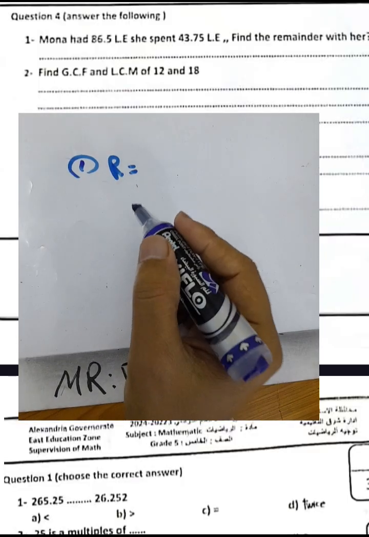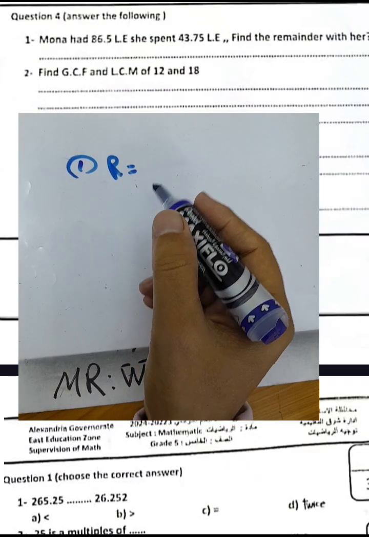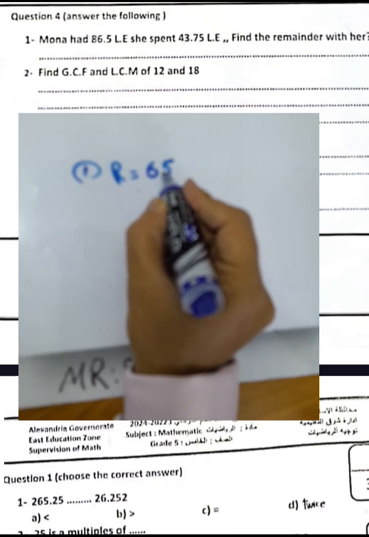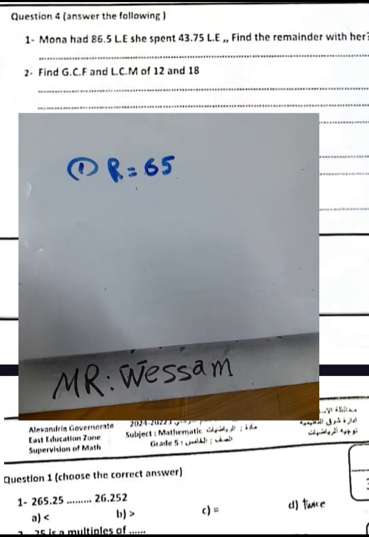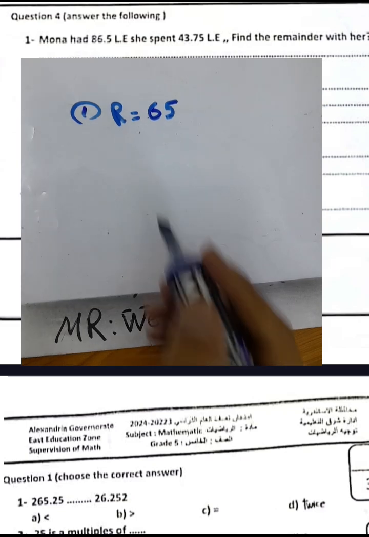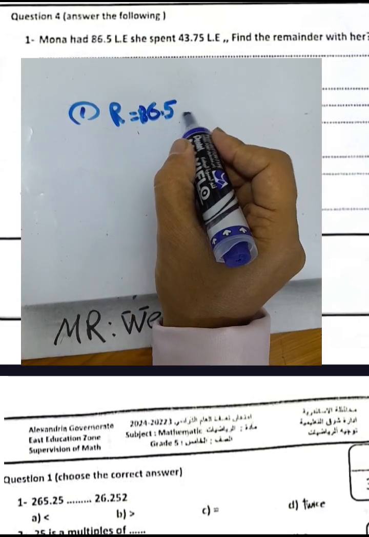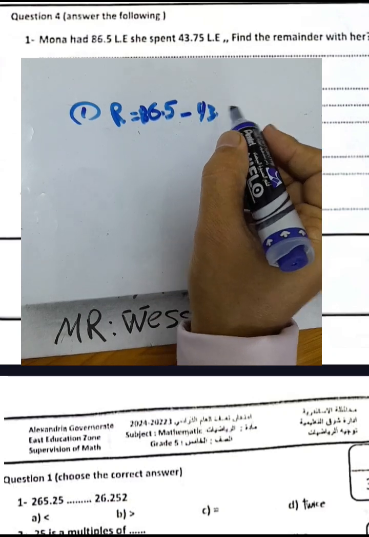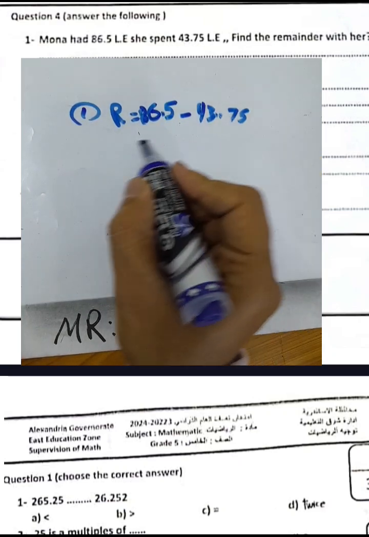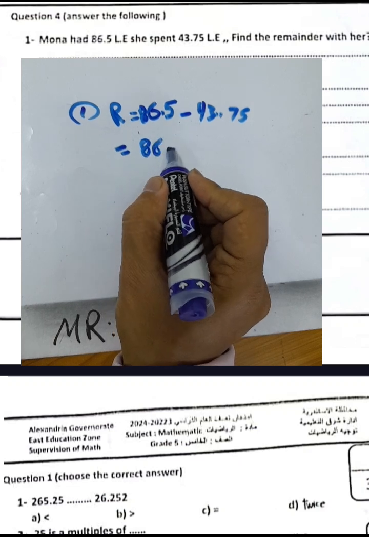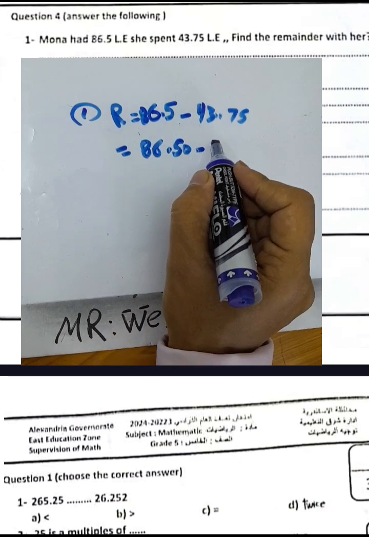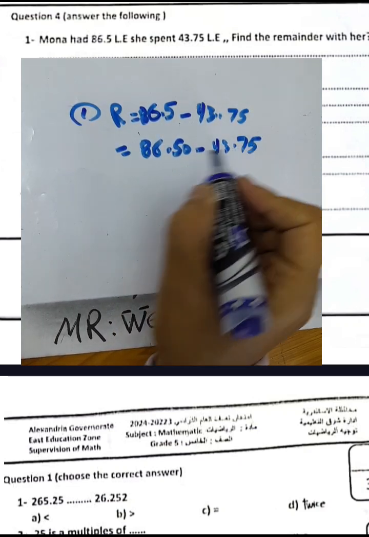We have 86.5. She spent 43 and 75 hundredths. We can write 86.50 subtract 43 and 75 hundredths.